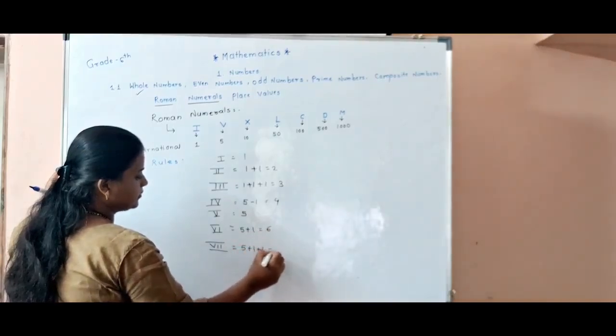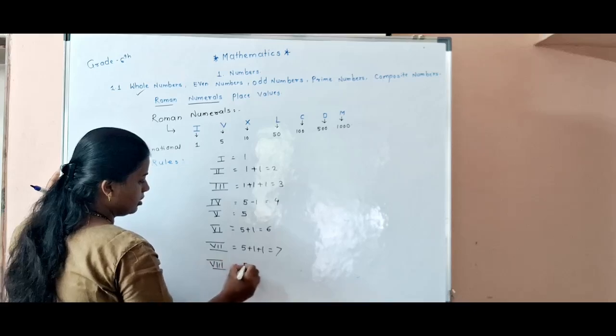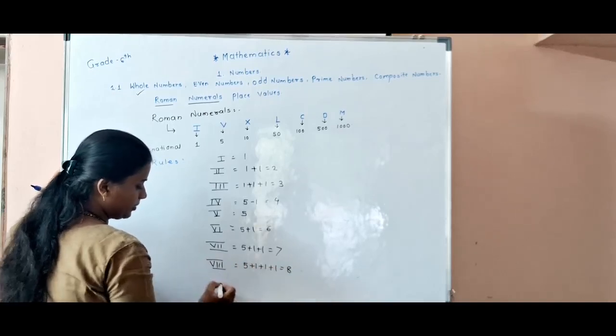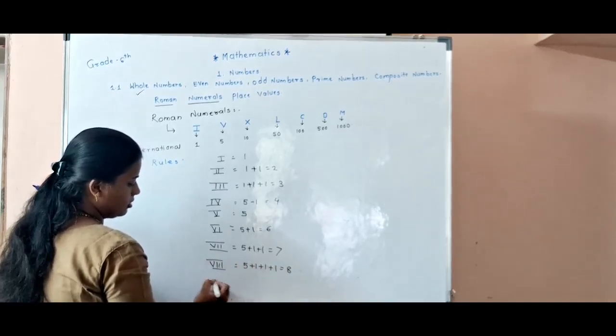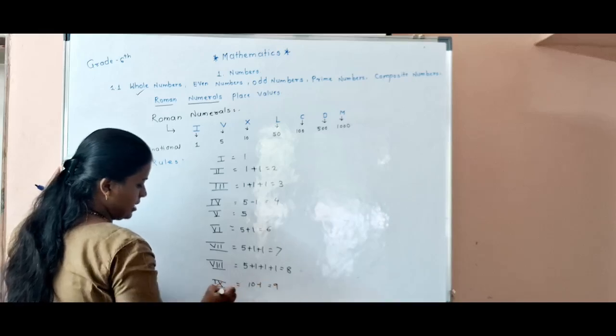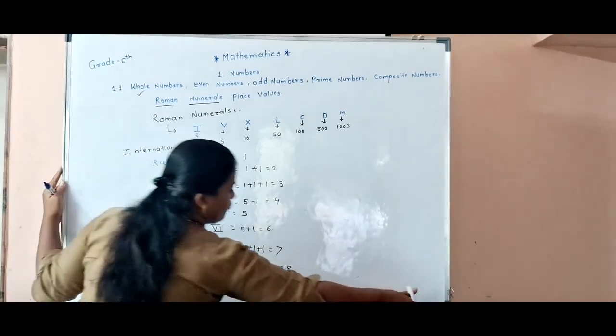Plus 1 will be 7. 8. 10 minus 1 will be 9. And this is 10 finally.